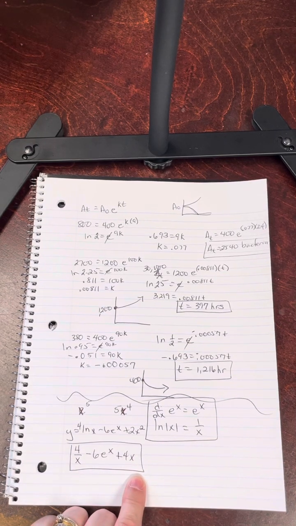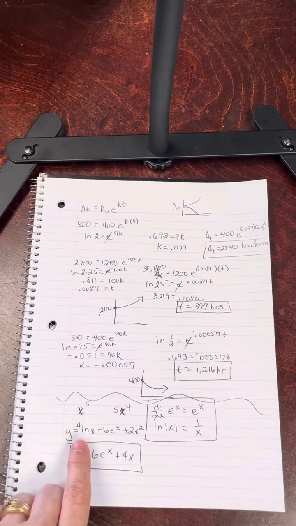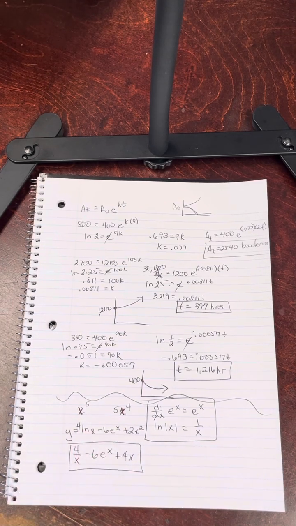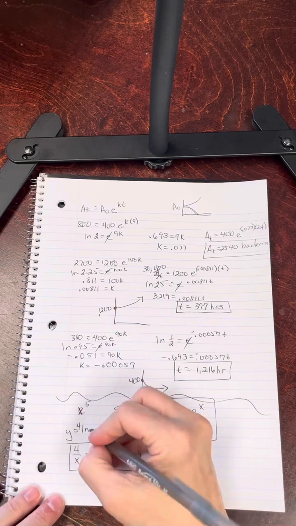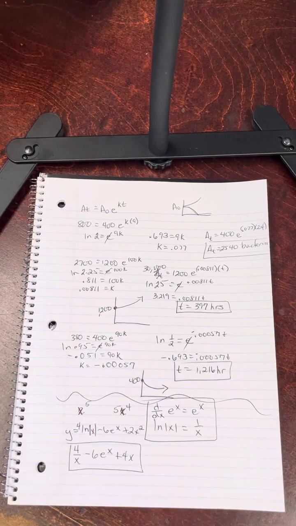Then example 2, how is that different? Find dy over dx if y equals 4 natural log, here's the difference. In example 2, they gave you absolute value of x, and since absolute value means that I only get positive answers out, the natural log of x was the same as the absolute value of x.